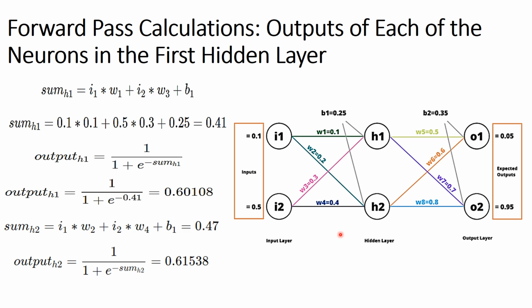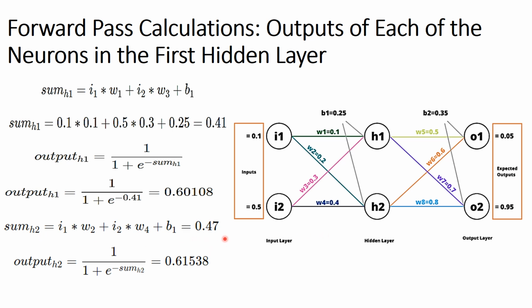I1 ب 0.1 و W2 ب 0.2. تضربهم في بعض، تضيف لهم I2، I2 ب 0.5 تضربها في 0.4 وتضيف 0.25. المجموع هيديك 0.47. ده كده المجموع للدخل ل H2 اللي هو sum H2.